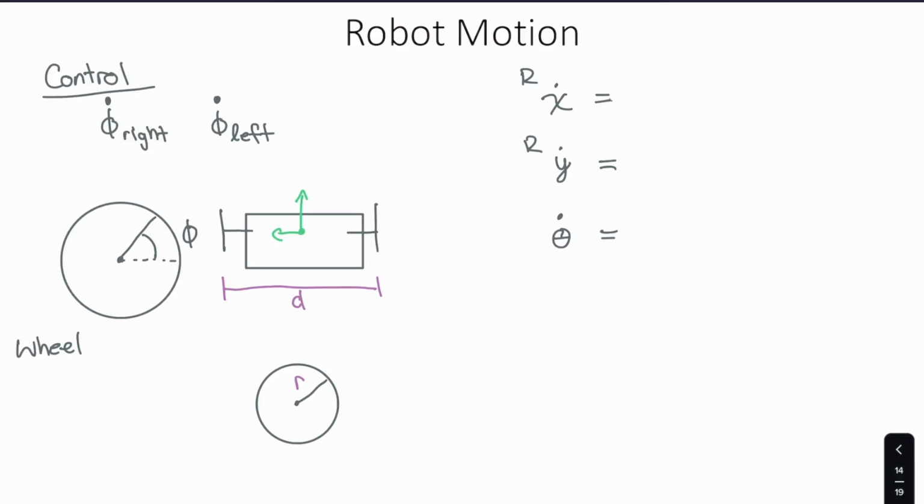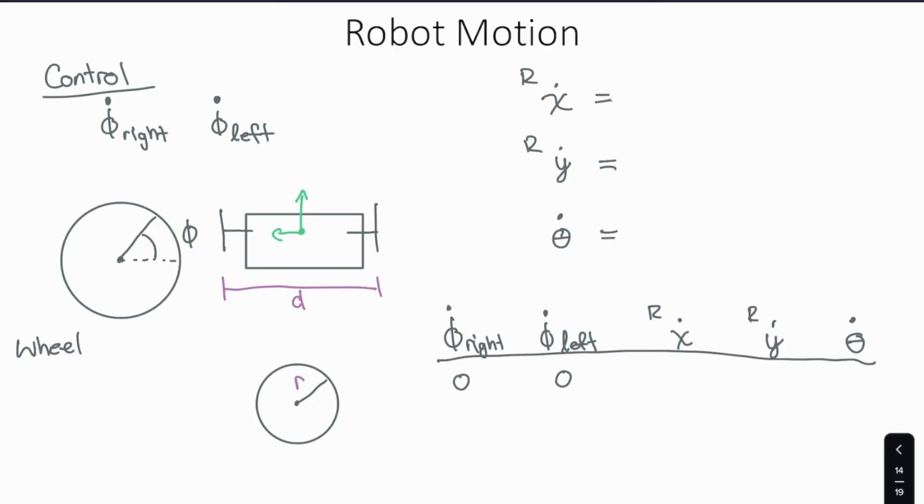Another useful scenario to think about is what happens if one wheel goes backwards and one wheel goes forward. So for each phi, for each motor, we'll have values of 0 for both, and the impact on x dot, y dot, and theta dot are that if both motors aren't moving, then nothing is happening to those quantities.